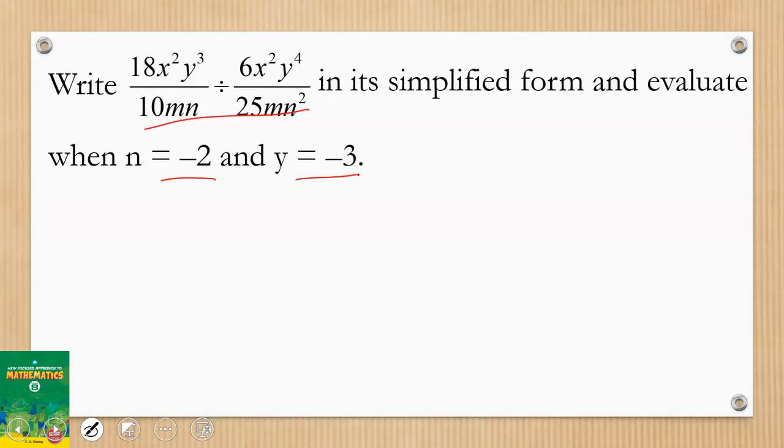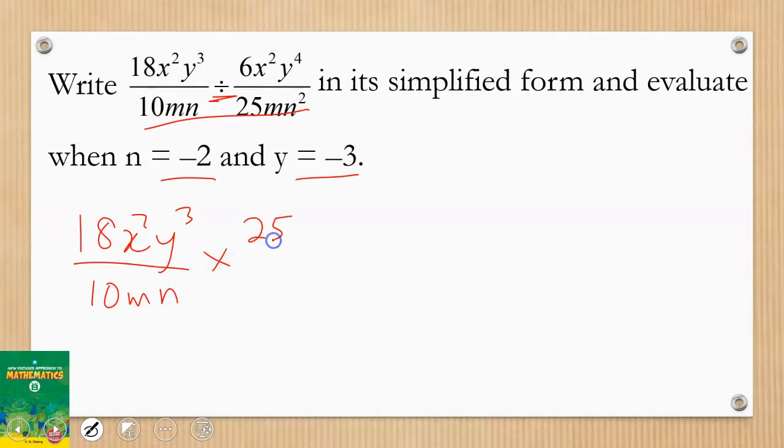For the first simplification, we can change the division into multiplication by writing 18x squared y cubed over 10mn times 25mn squared over 6x squared y power 4. Now remember, anytime you change a fraction from division to multiplication, it reciprocates the second part of the fraction. And so that is what we have here.